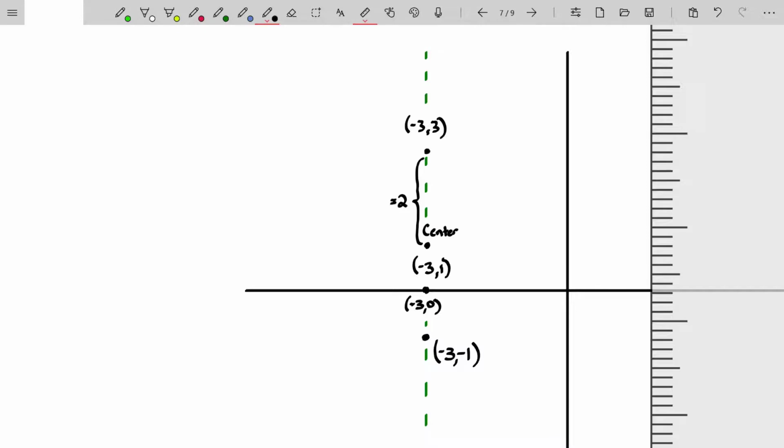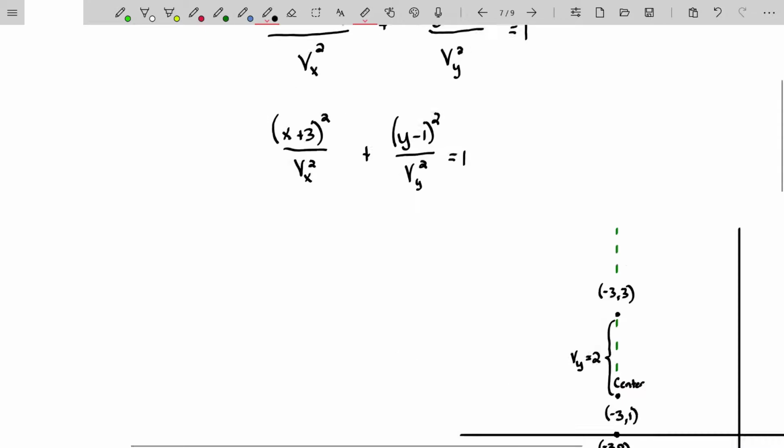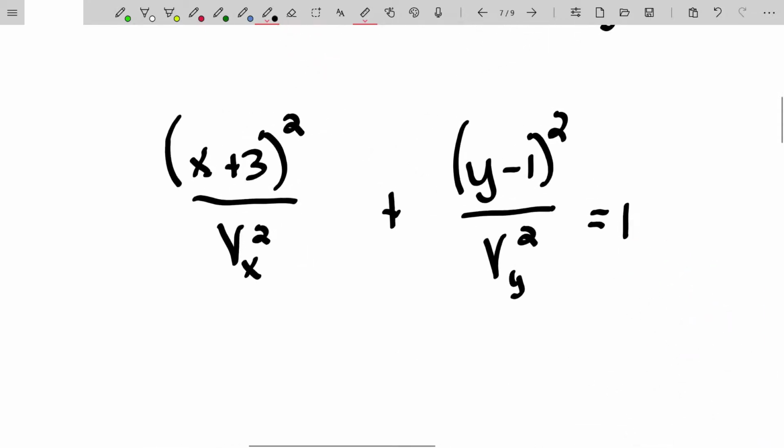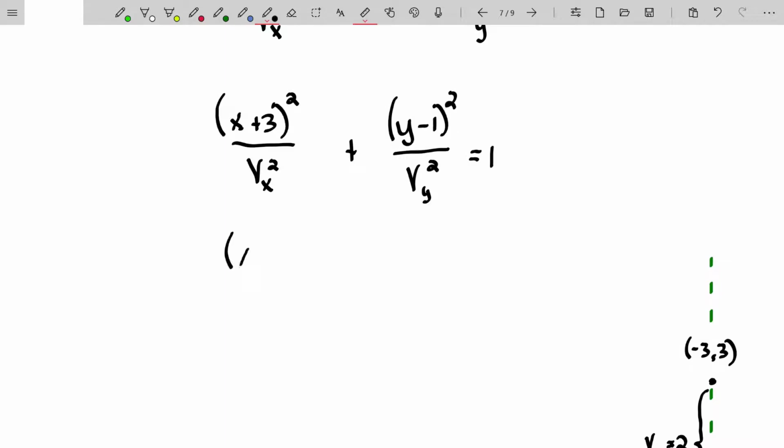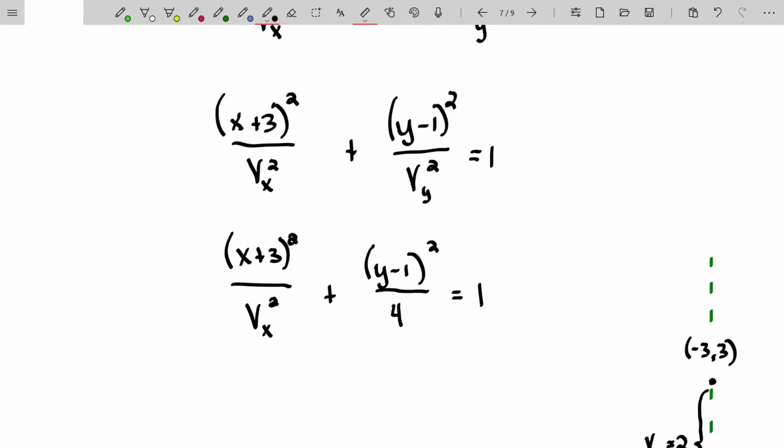So that's our vᵧ. So the denominator of (y − 1)² would be vᵧ², which is 4. So I'll write that in here: (x + 3)² over vₓ² plus (y − 1)² divided by, again, 4, and that's equal to 1.